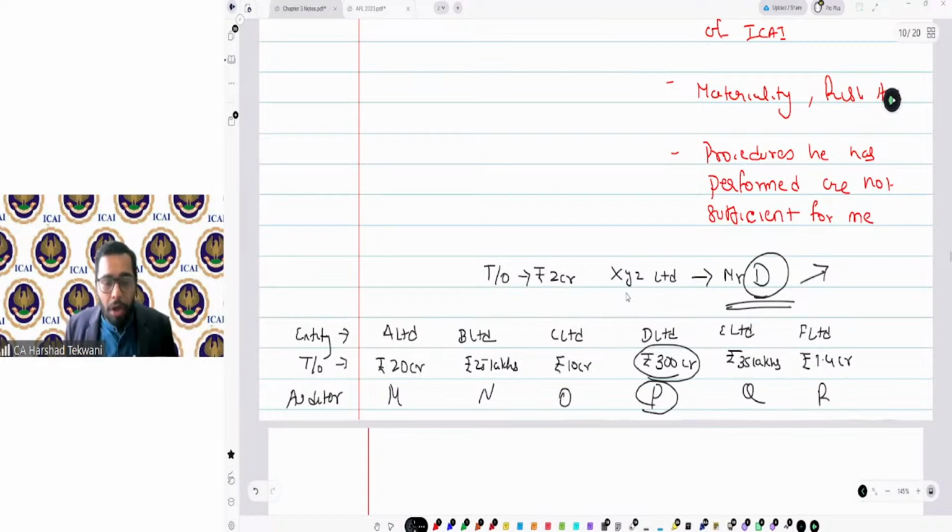If I consolidate everything, that 20, 25, 10, 300, 35 lakhs, 1.4 and 2 CR, for the majority he will say, I have not audited, I am solely relying upon the report submitted by Mr. P. Do you still think that will be appropriate?